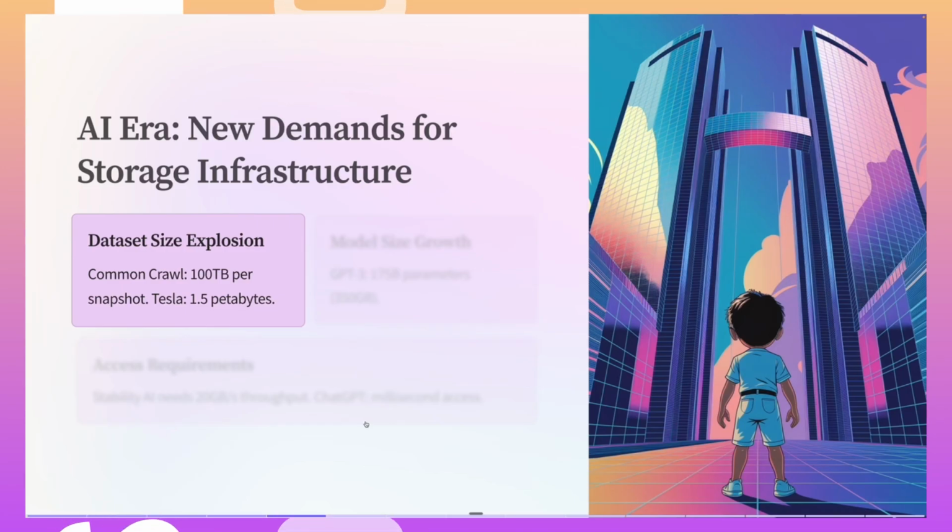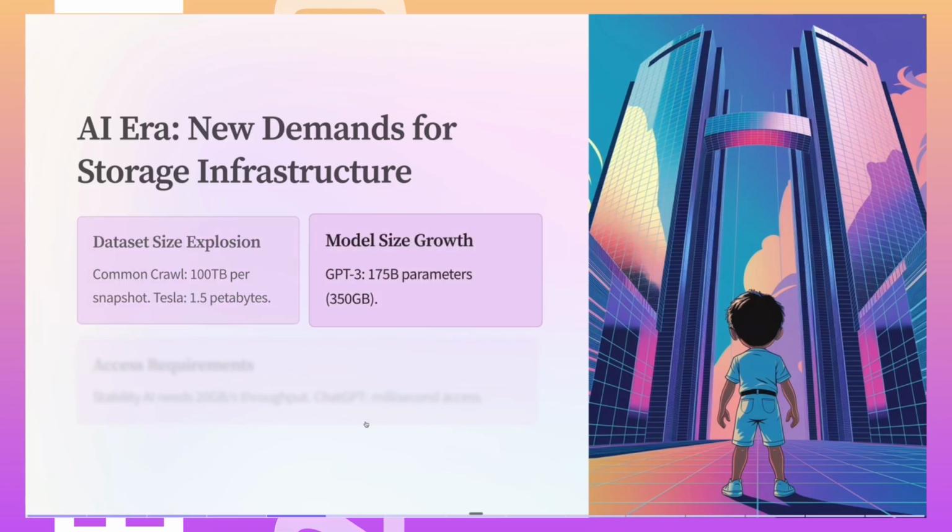So when it comes to the data sets that are fed to a model, when we take the Common Crawl example, that data set alone costs 100 TB, and Tesla's data set alone is 1.5 petabytes. And when it comes to models, GPT-3 is a 175 billion parameter model.